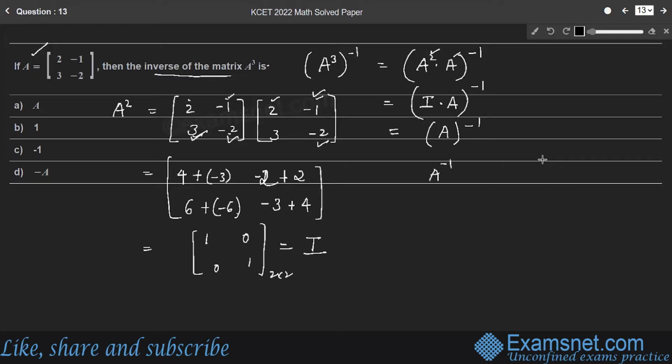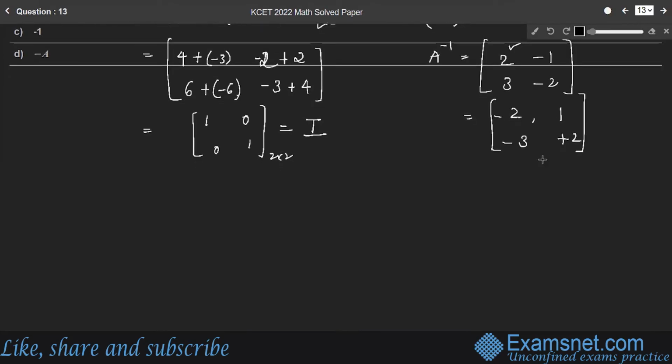The inverse of A, where A is [[2, -1], [3, -2]]: we just have to change the sign of each element. So 2 becomes -2, -1 becomes +1, 3 becomes -3, -2 becomes +2.